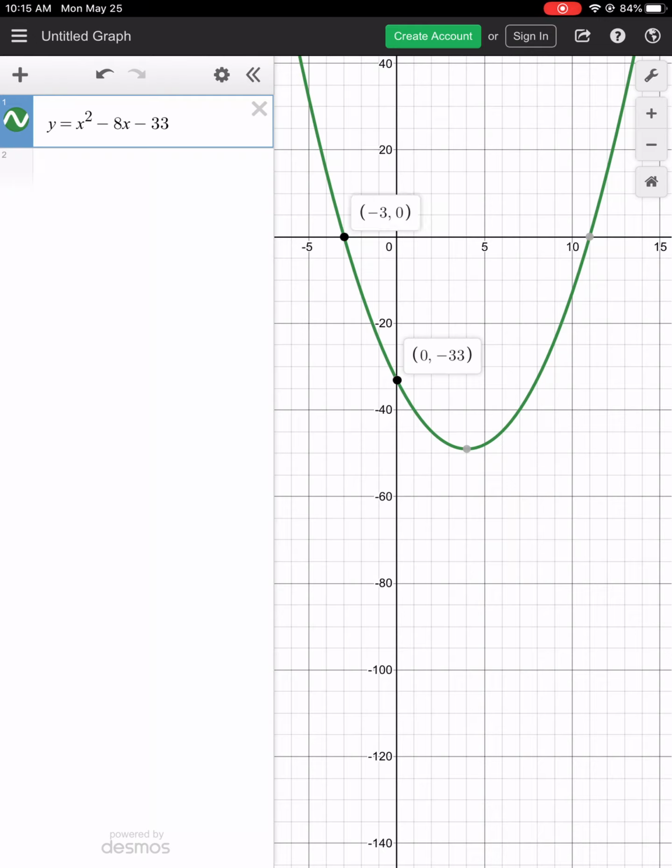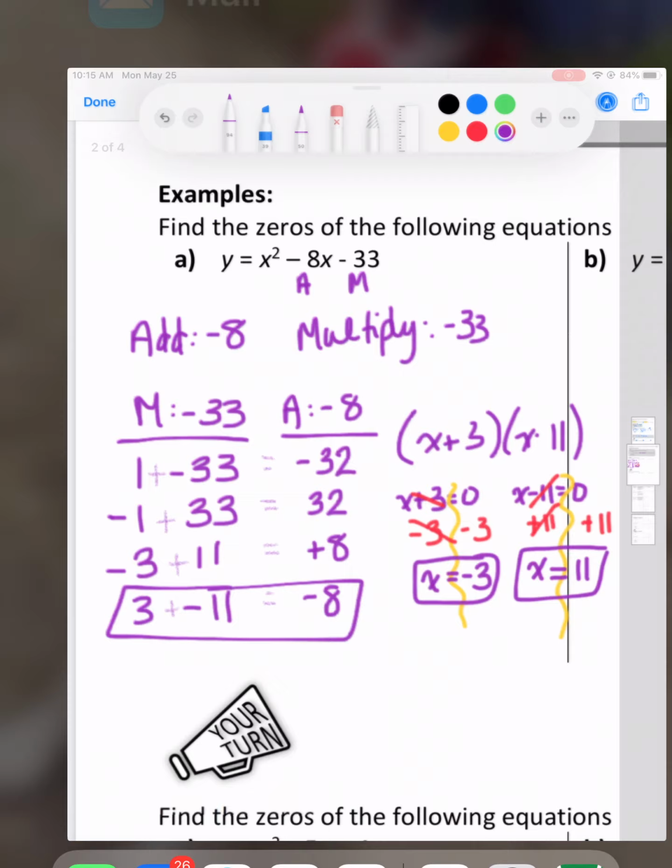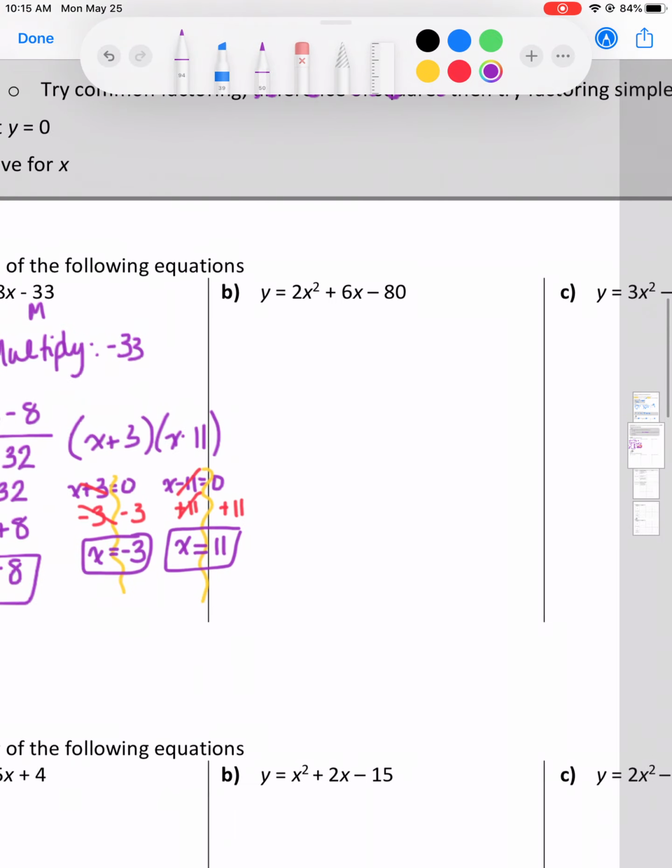So our parabola crosses our x-axis at -3 and 11, which is what we just calculated. I know, mind blown. Okay, so we're going to do that for the next two. The same ones we actually have already looked at above.